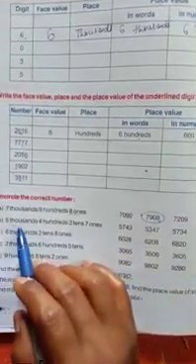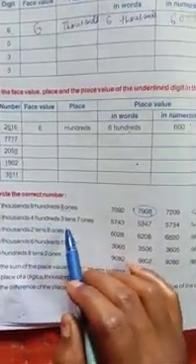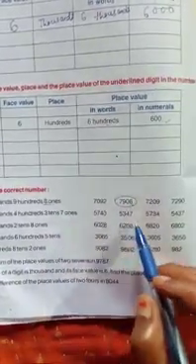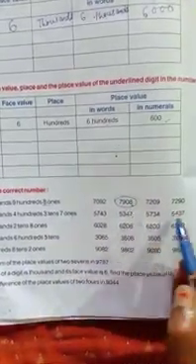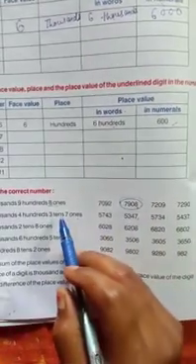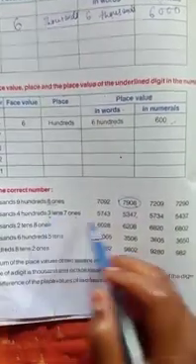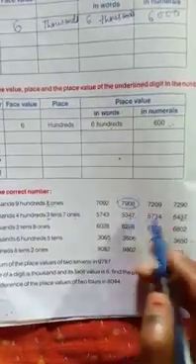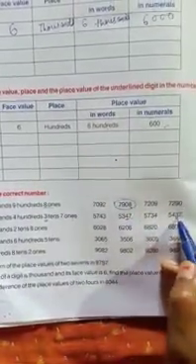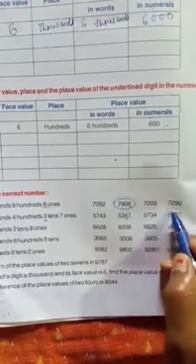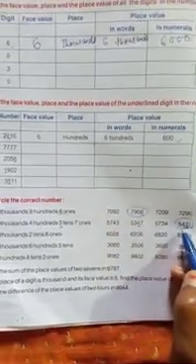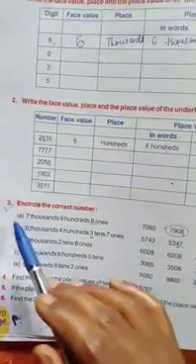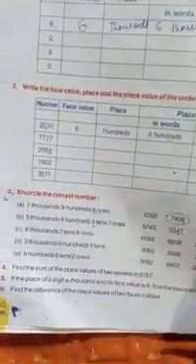Then another one: 5,400, 3 tens, 7 ones. Here 7 is in the ones place, and here also. But in the tens place there is 3, but here 4. So the correct number is 5437. Like that you will do question number 3.